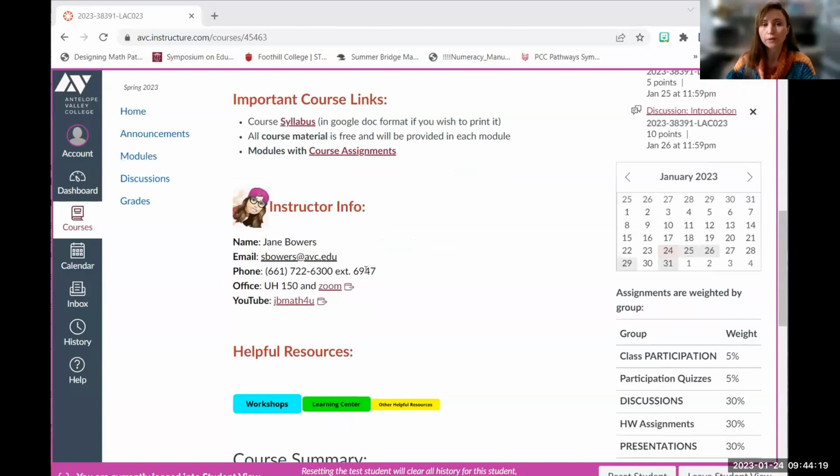You can call me and leave a message at my extension 6947. You can stop by my office, UH150, or I'm also available on Zoom. My office hours are in the syllabus, but I'm here most of the times. Like today, I was here at 7 a.m. So if you're on campus, please stop by.